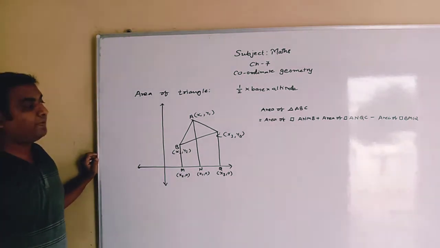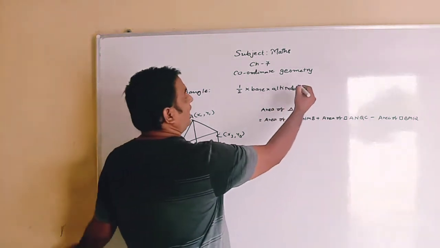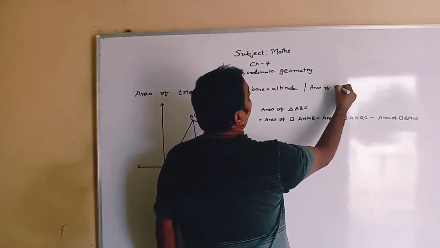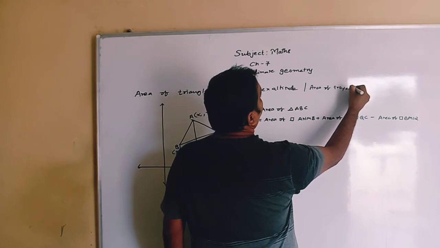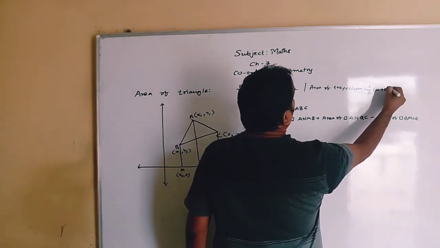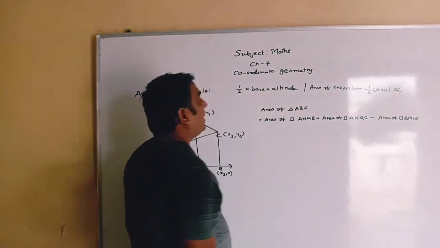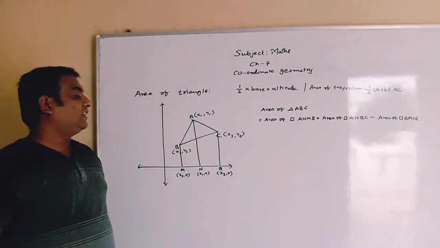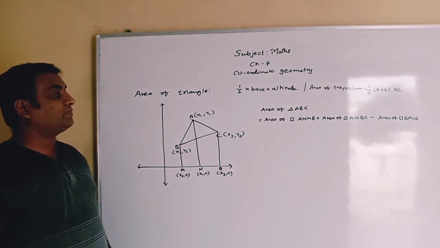The area of a trapezium, as we already know, is 1 by 2 (a plus b) into c, where a and b are the lengths of the parallel sides and c is the perpendicular distance between them.